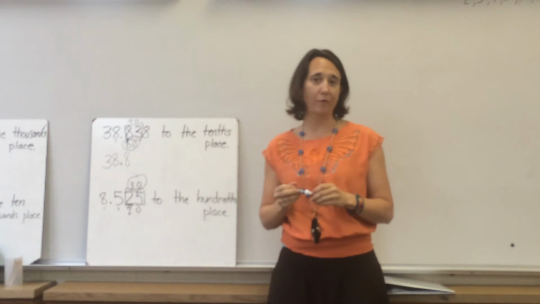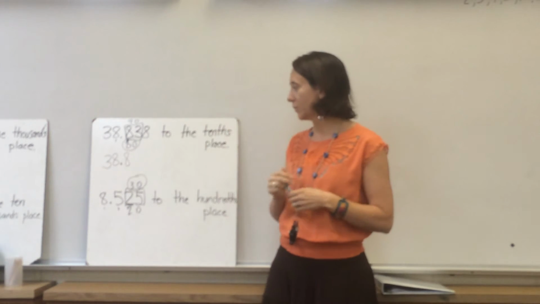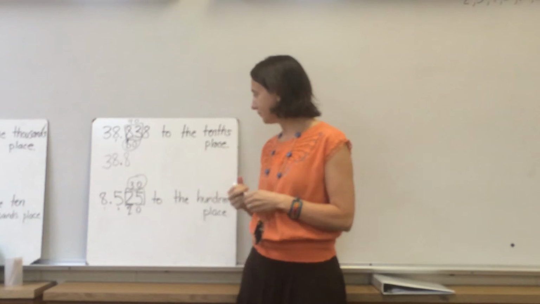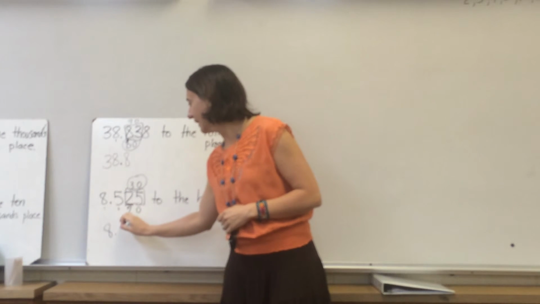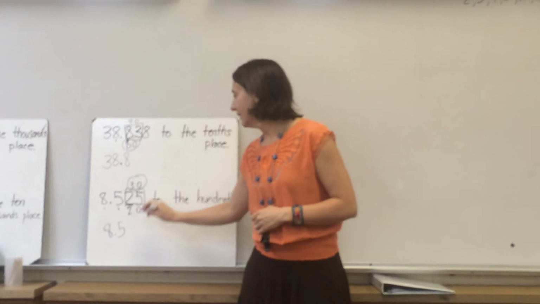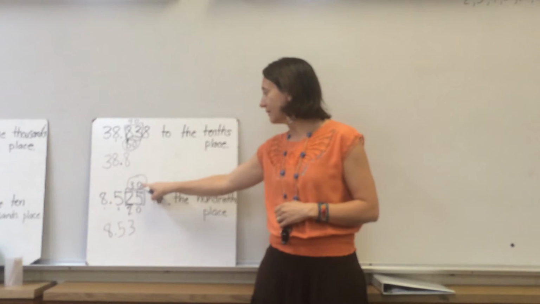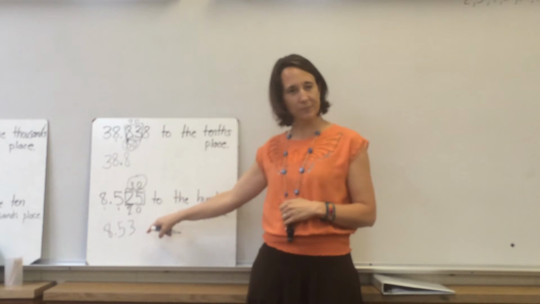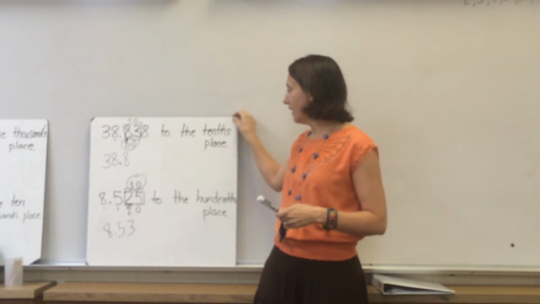Some of you might have heard before, 5 and above, give it a shove, or 5 or more, let it soar, something like that. So this is 30. So everything else stays the same. 8 stays the same, 5 stays the same. This becomes a 3, that's in the hundredths place, right? And everything after that becomes 0. Do I have to put it though? No, I don't.